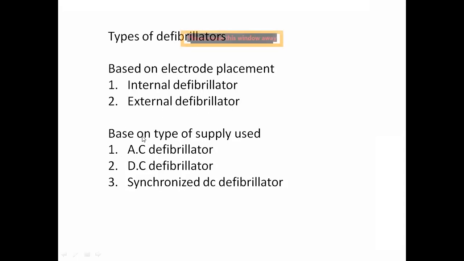And they are classified based upon the type of supply used. For producing the shock we have to use a power supply, so they are classified as AC defibrillators, DC defibrillators, and synchronized DC defibrillators.